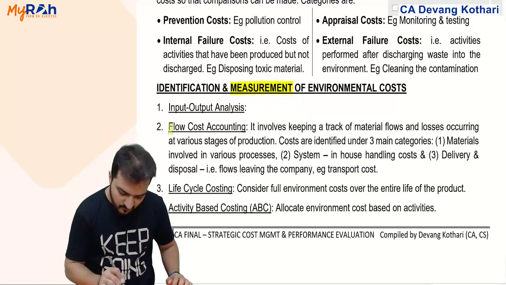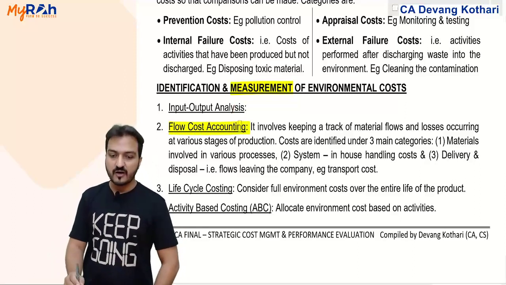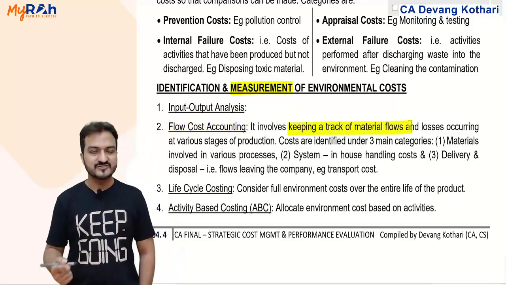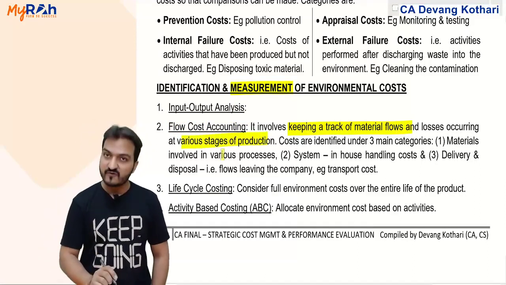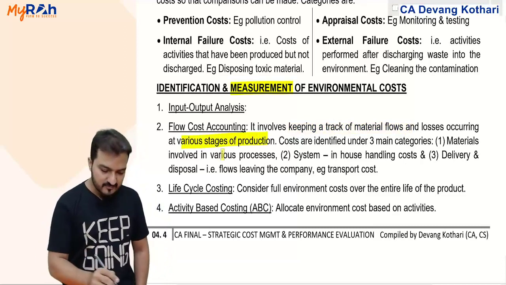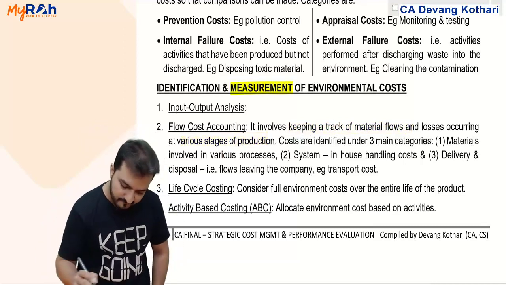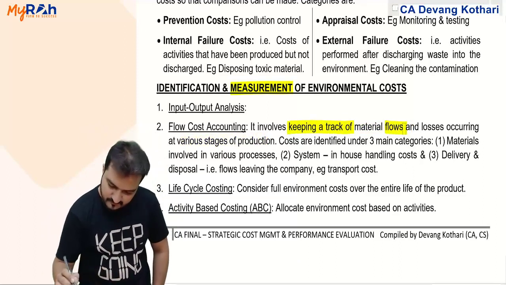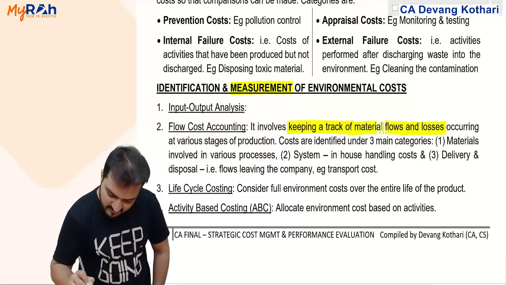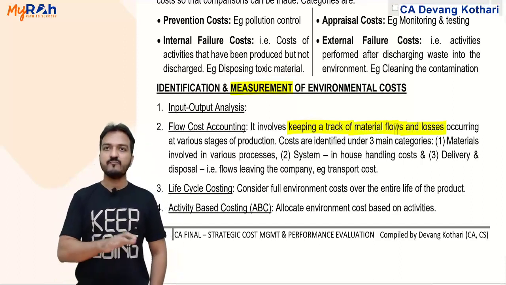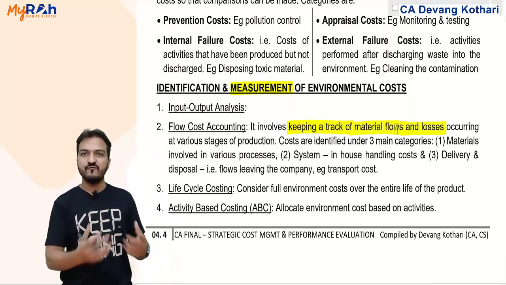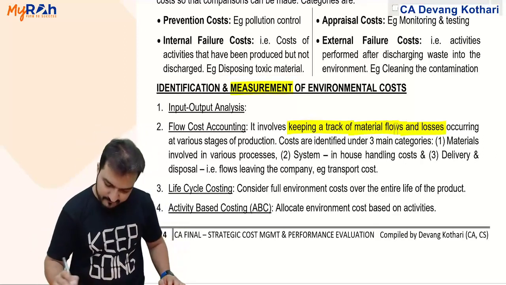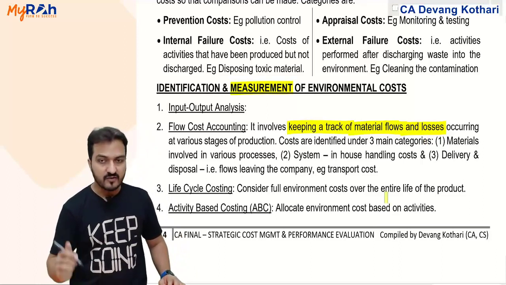Okay. Second one, flow cost accounting. Flow cost accounting involves keeping a track of material flows and material losses through the various stages of production. The costs are identified in 3 main categories.